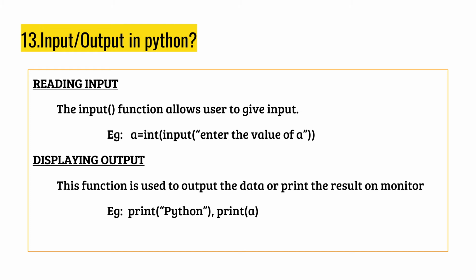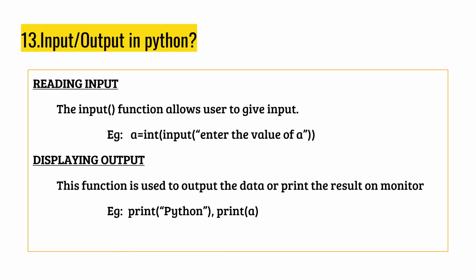Sometimes the developer might want to take user input at some point in the program. To provide this feature to users, Python offers a function called input. You can see in the slide the input function. The input function allows the user to give input. But the thing to be noted here is that you just look at the example.